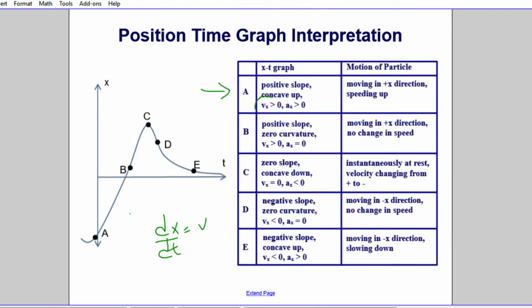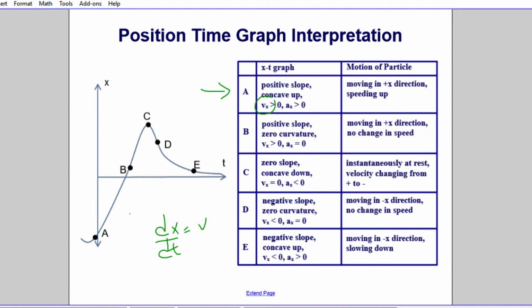So the velocity will be greater than 0, and since it's in the concave up position, that means the acceleration is greater than 0. And the particle will be moving in the positive x direction and speeding up, because the acceleration is in the same direction as the velocity.